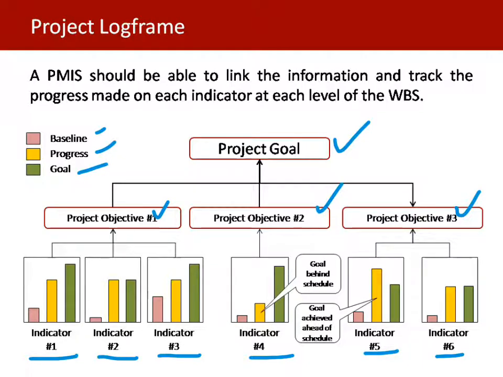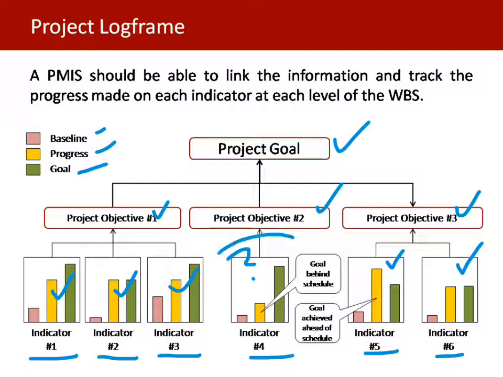For indicators 1, 2, and 3, we see the project is making good progress, so we can say the project is okay. Project objective 2 has a problem. They haven't reached the goal and are behind schedule. For project objective 3, indicator number 5 is already achieved, and indicator 6 is already achieved.